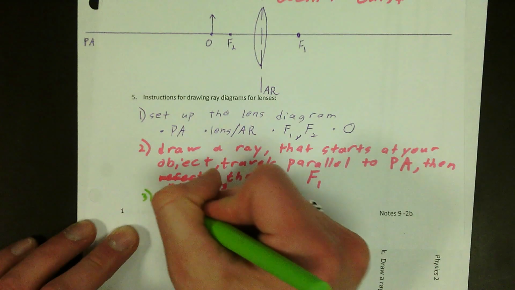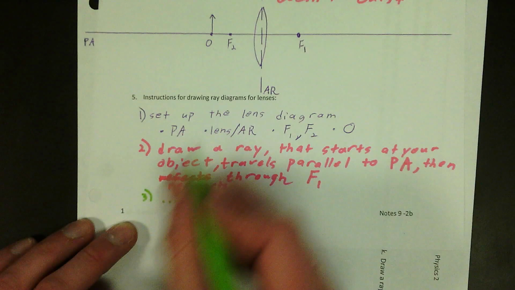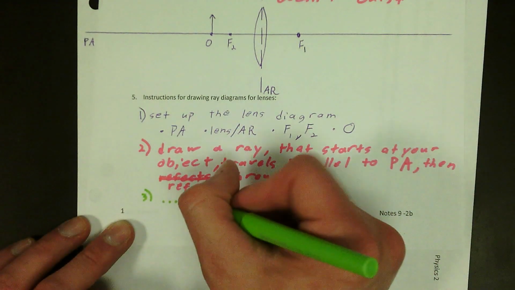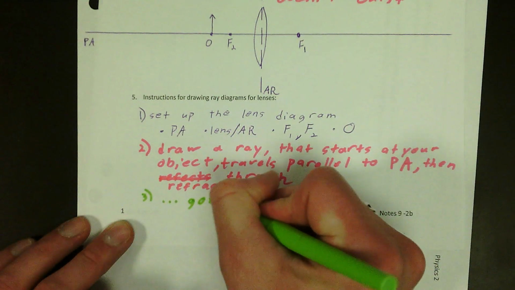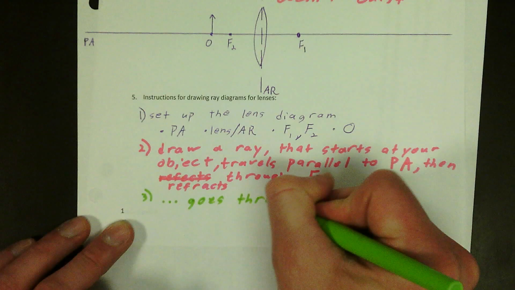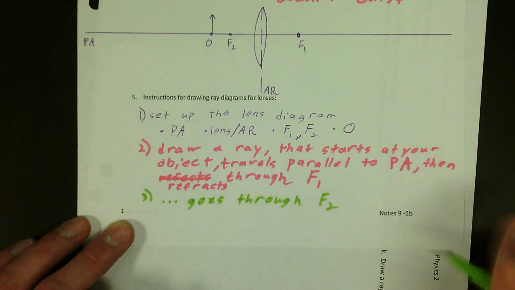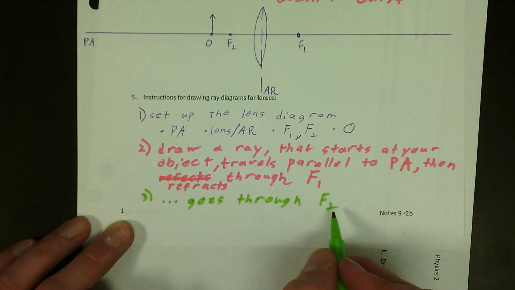Draw a ray that starts at your object and travels. But instead of it traveling through F1 after it refracts, now it goes through F2 before it refracts.